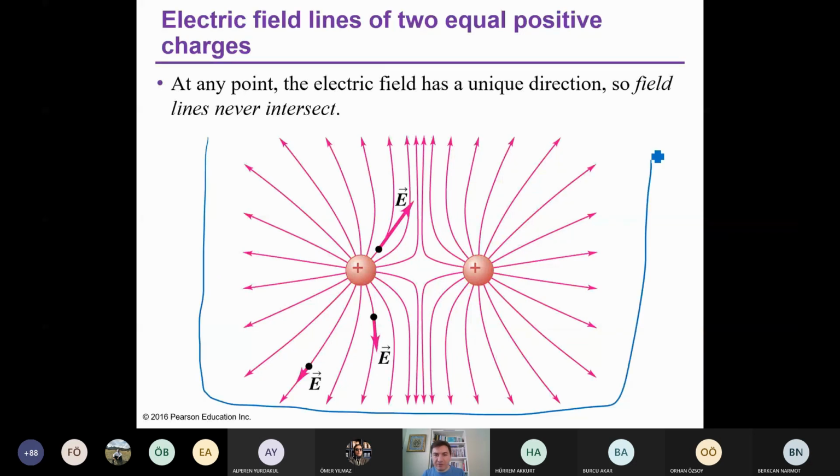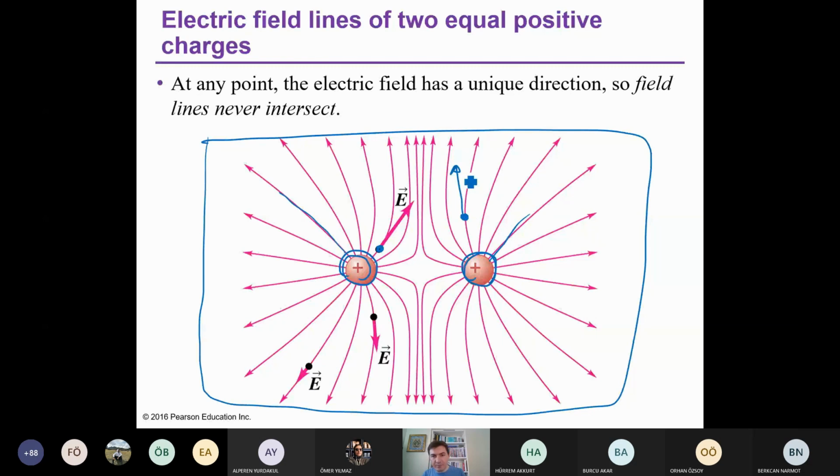Here I have a positive charge. Here I have another positive charge, and field lines go from the charge to the space. Electric field at any point on the line is tangent to these lines.